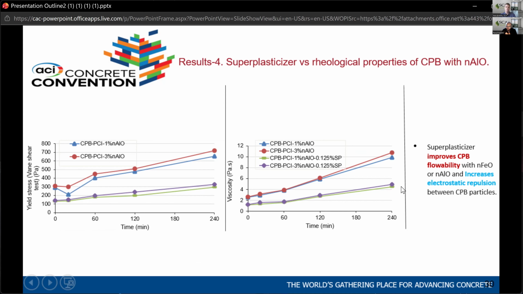The green and the purple have 0% nanoparticles. They also have superplasticizer, so the viscosity is less and the yield stress is less, with a very big gap, because superplasticizer decreases the viscosity and decreases the yield stress as well with respect to time. Eventually they're going to get to each other, but at 240 minutes they're much slower.